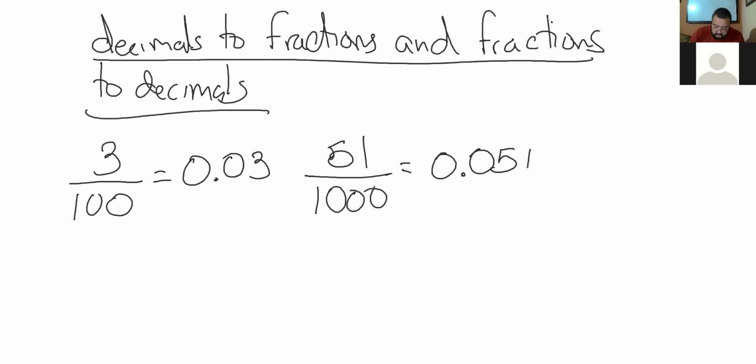Now let me show you how to convert a fraction to a decimal. What do you need to do? Divide. Sorry, it's incorrect. We're going to divide 2 by 5.